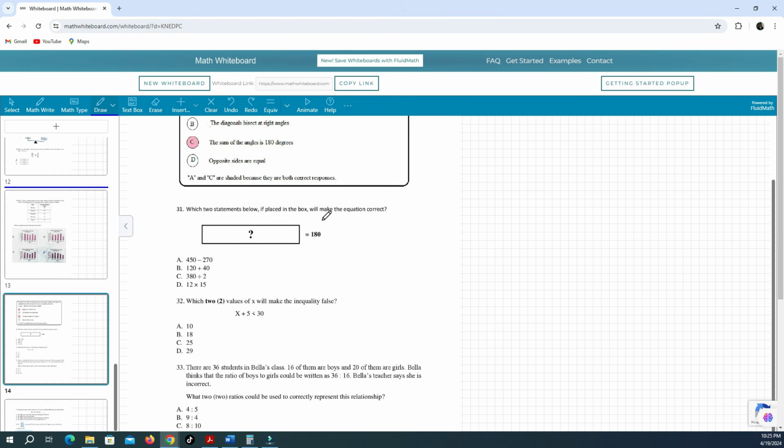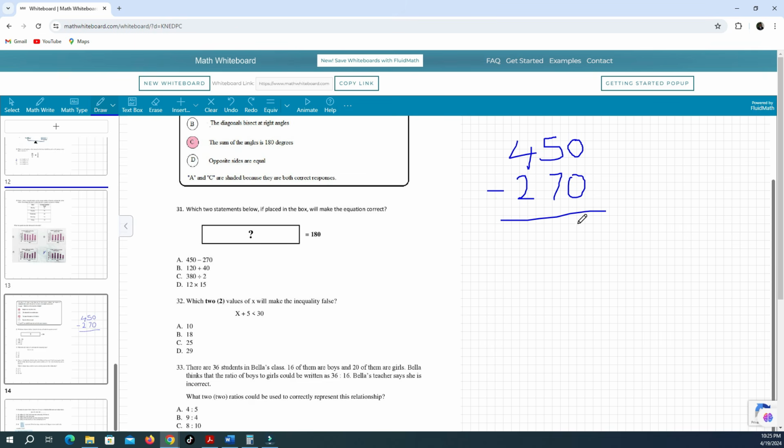So which two statements below, if placed in the box, will make the equation correct? Okay, which two? So 450 minus 270. Let's see how that works out. 450 minus 270. How do we do that?